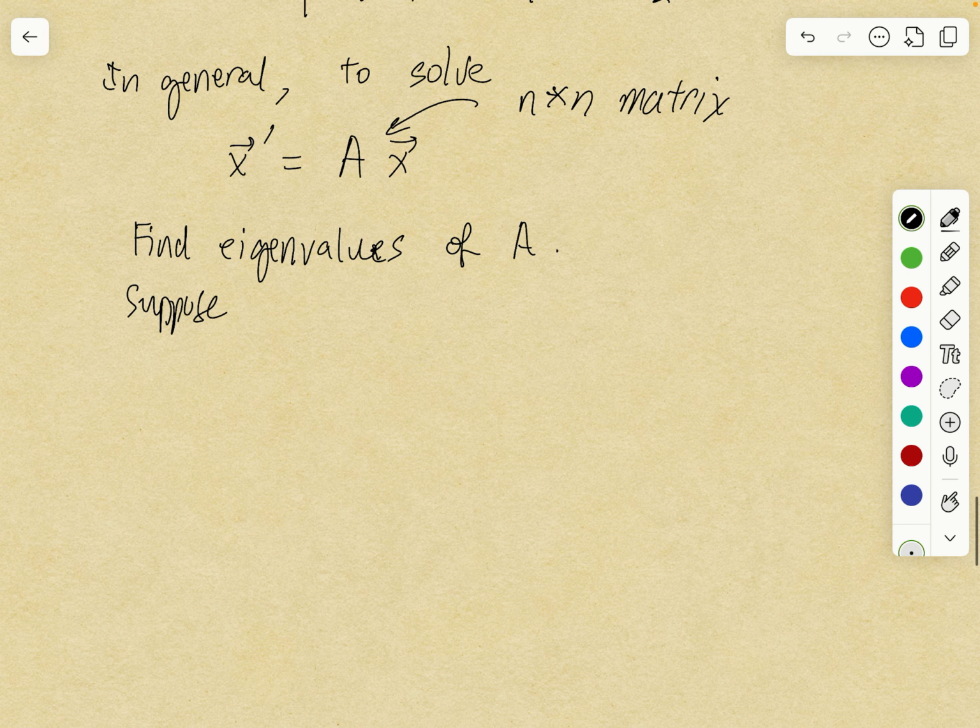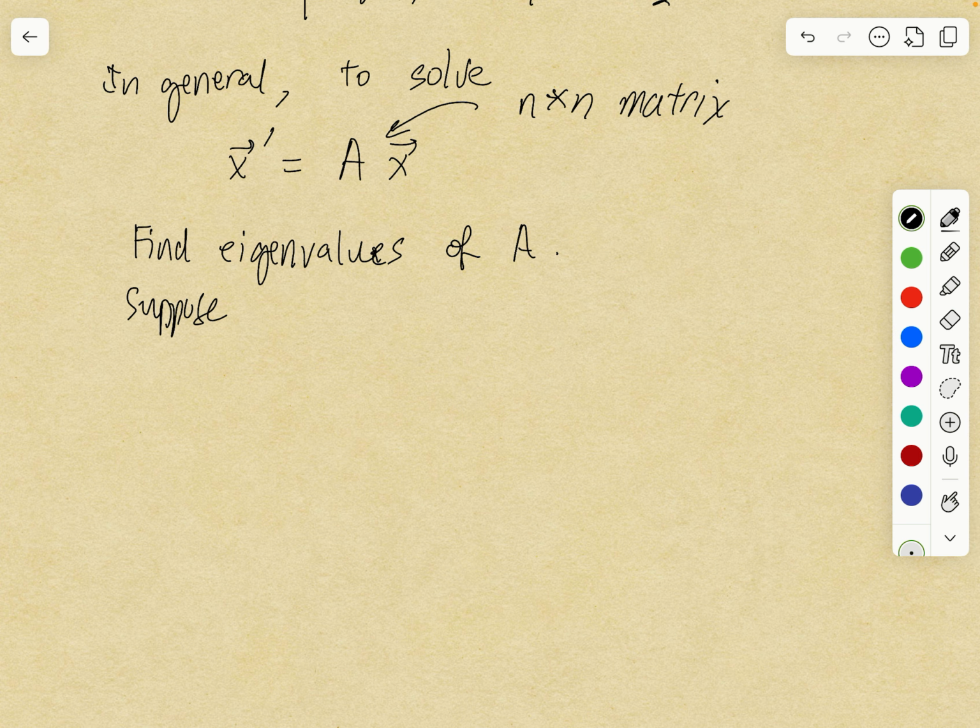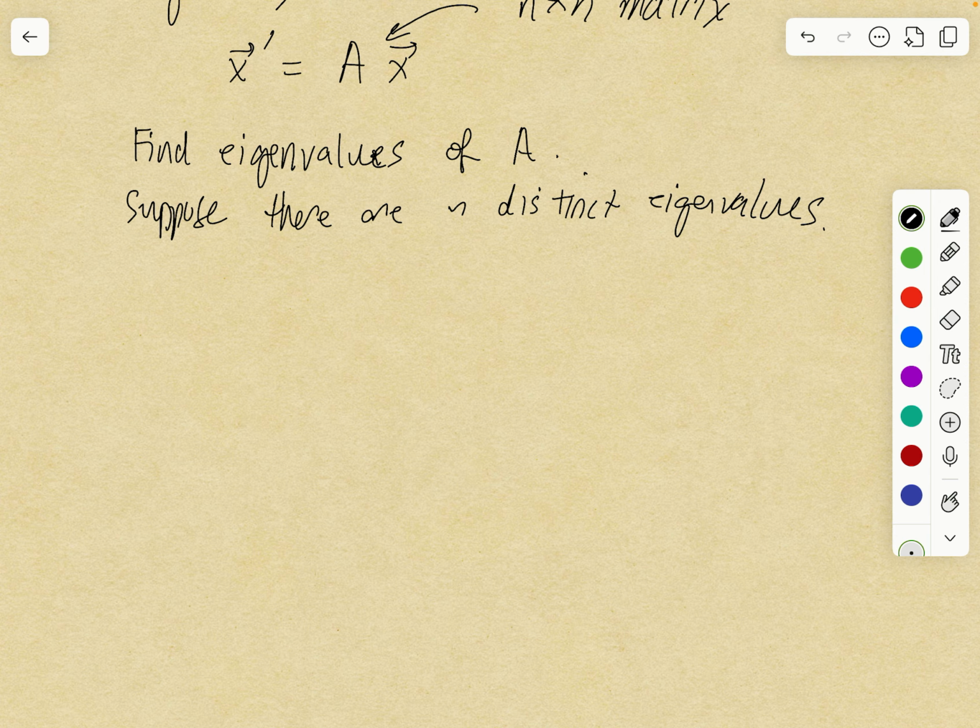Suppose that there are n distinct eigenvalues. Well, we know that means the matrix is diagonalizable. So let's call the distinct eigenvalues lambda 1 to lambda n.